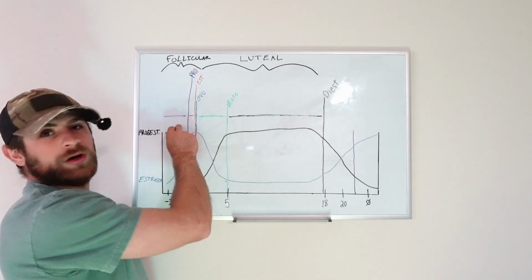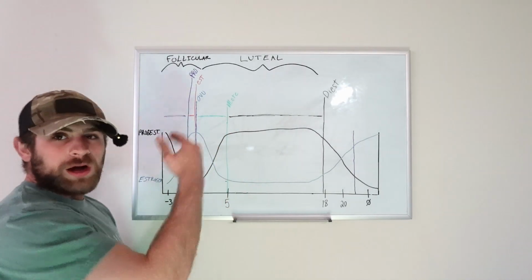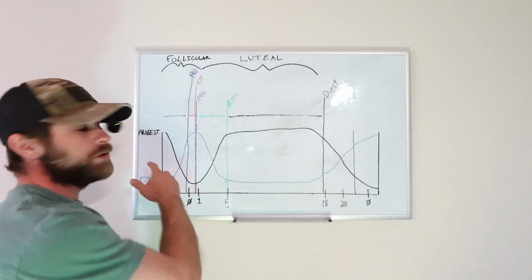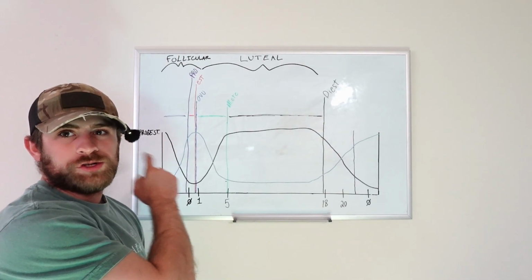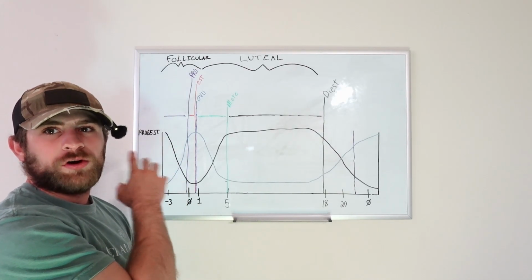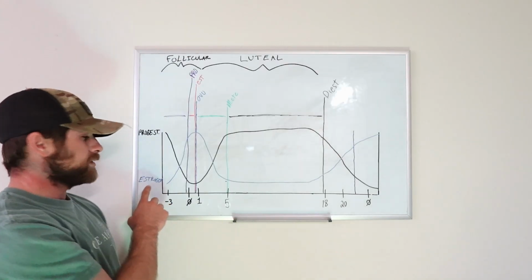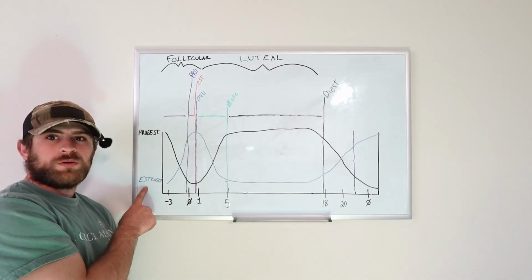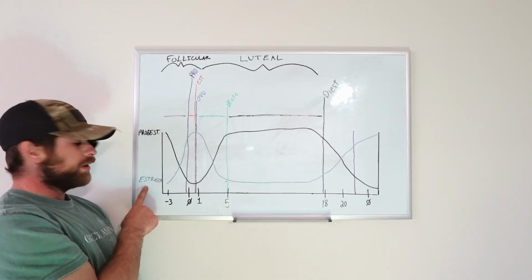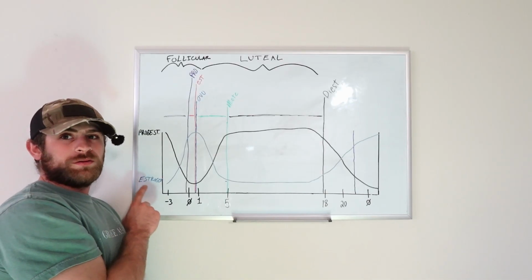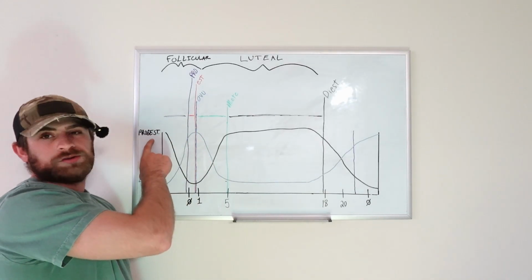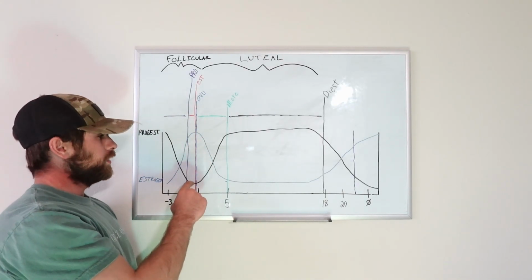So during proestrus, that's when we see a rise and a fall in two different hormones. You have the fall of progesterone, which is like that pro-pregnancy hormone, and then you have the rise of estrogen. I know I'm off in the corner here, so I don't know how well you can see that, but estrogen is rising, progesterone is dropping, okay?